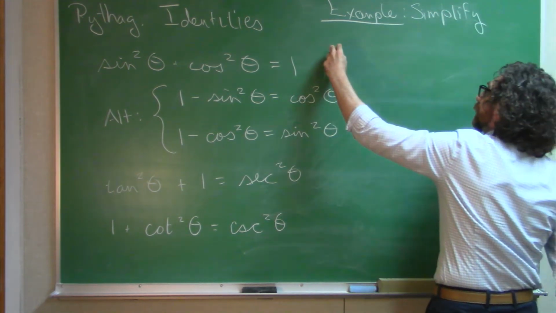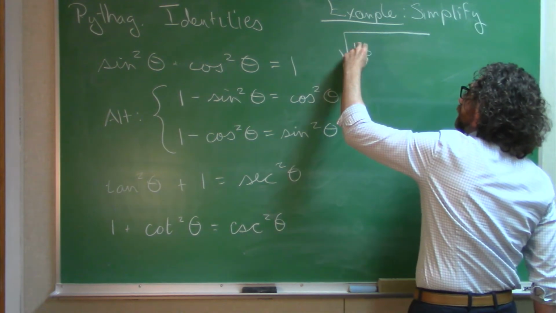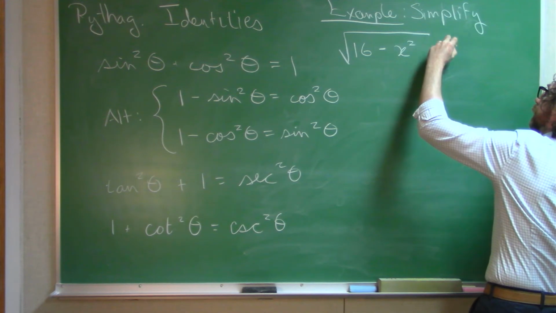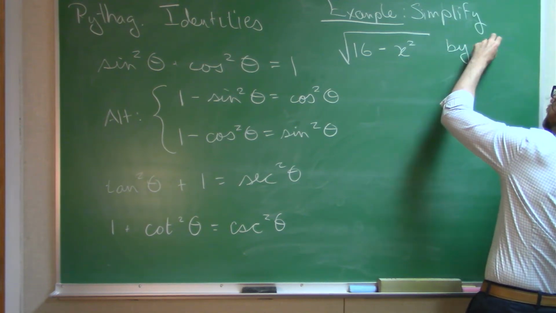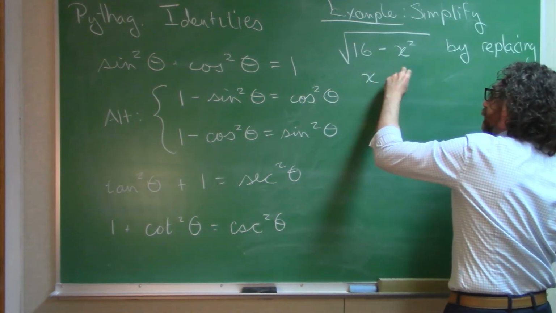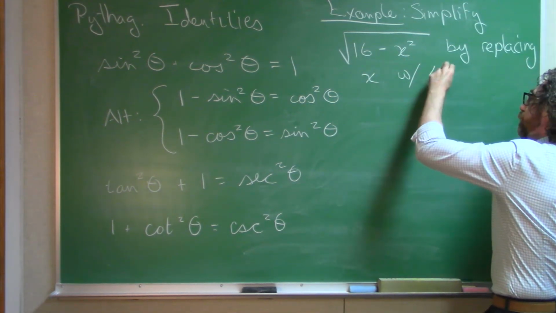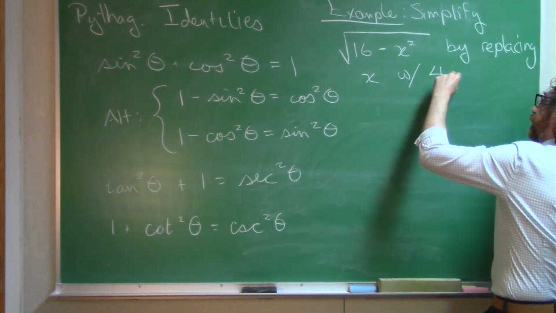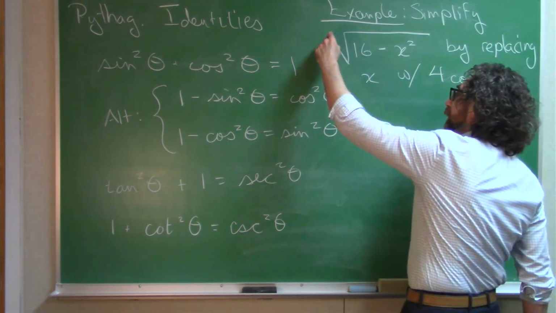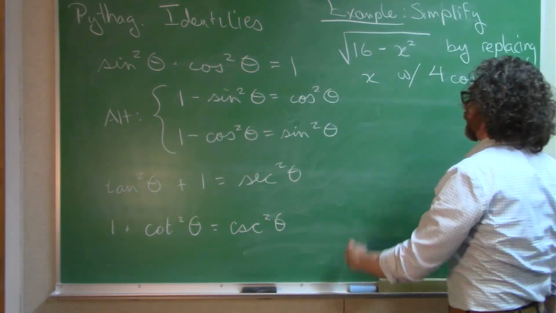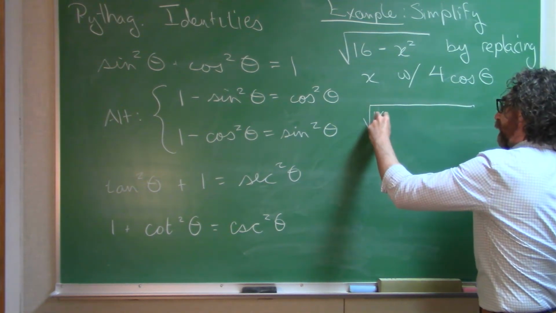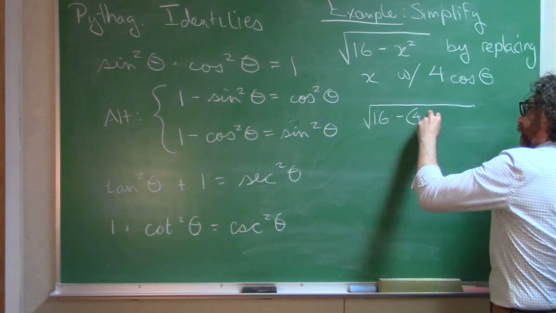Simplify square root of 16 minus x squared by replacing x with 4 cosine theta. Okay, so in this example, we're going to make use of one of our trig identities. So if I replace x with 4 cosine theta, my expression turns into this.